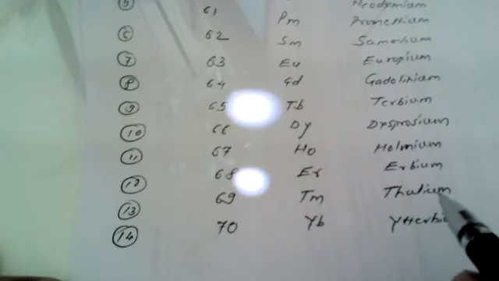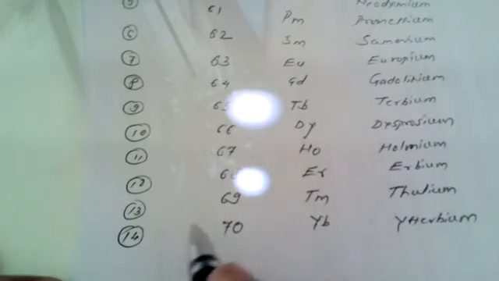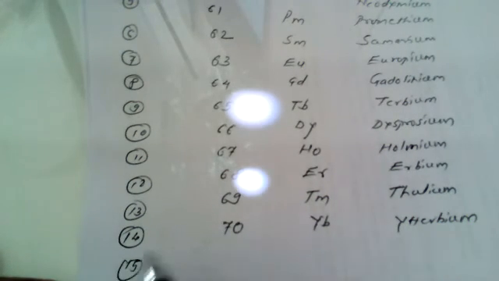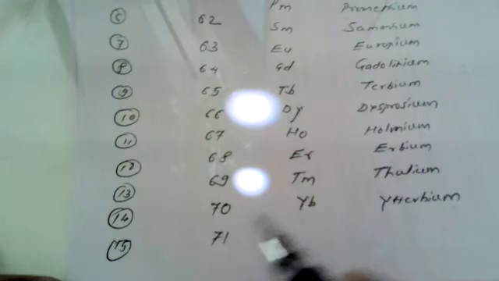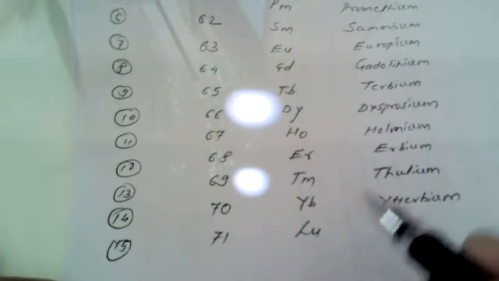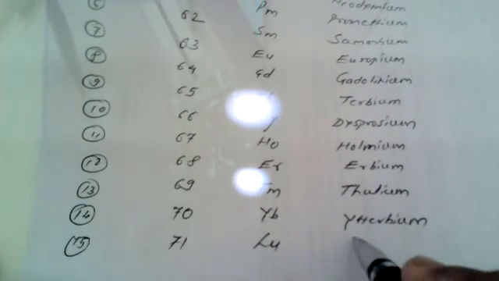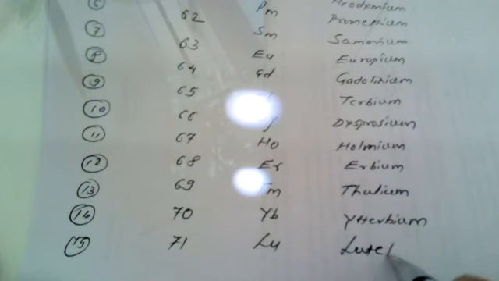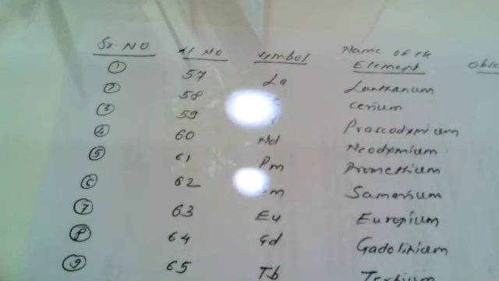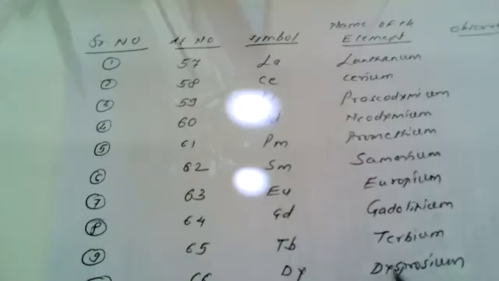And the last member having atomic number 71, symbol is Lu, name of the element is lutetium. So we have come to the end of this entire series, wherein we have seen in all 15 elements starting from lanthanum to the last element lutetium.